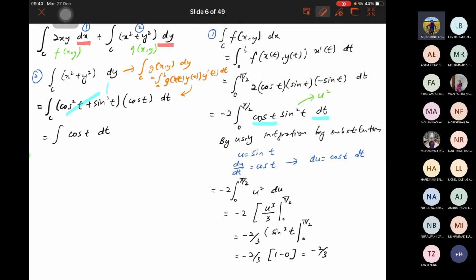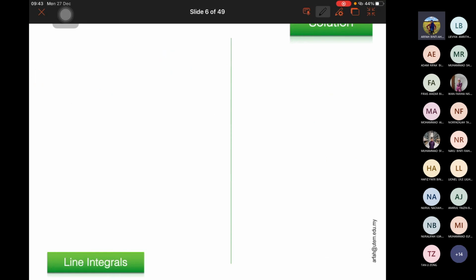So it will be the integration of t from 0 to pi over 2. Okay, equal to sin of t from 0 to pi over 2. Sin pi over 2 minus sin 0. So you get the answer equal to 1. Okay.